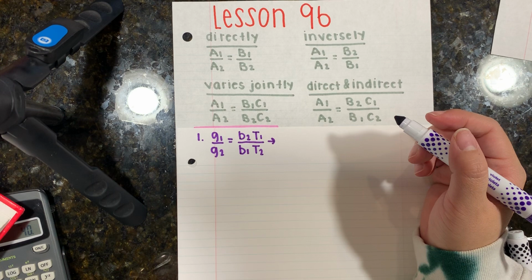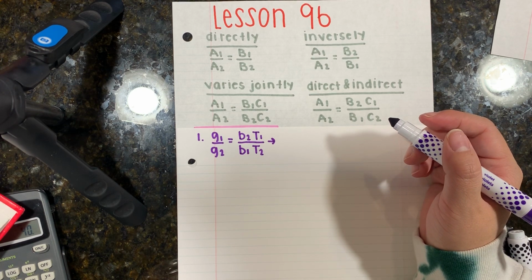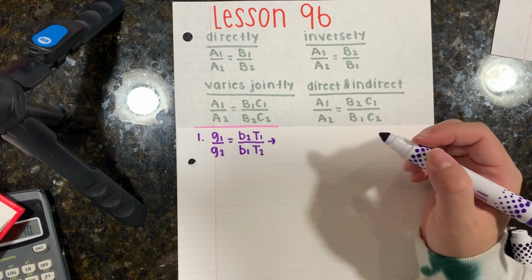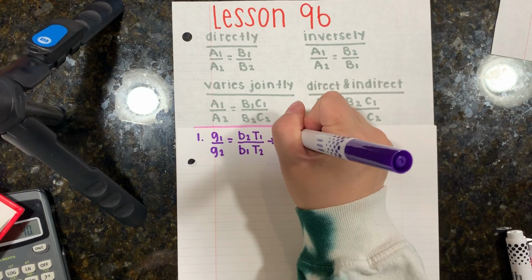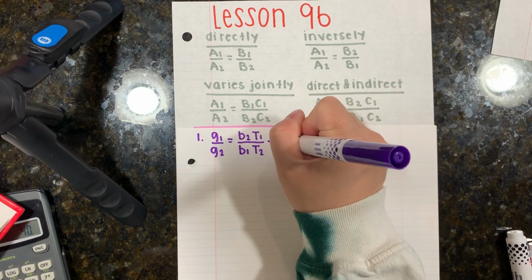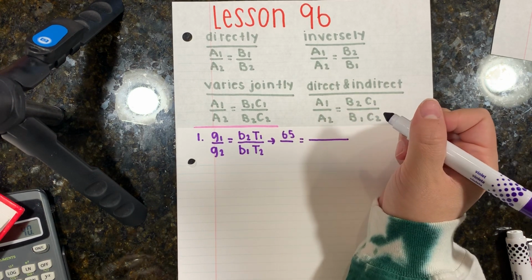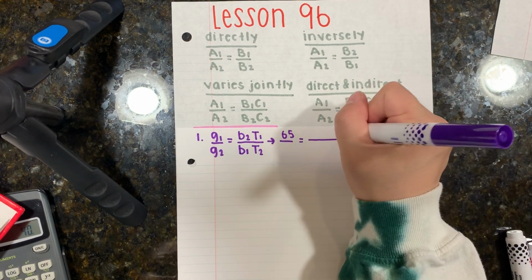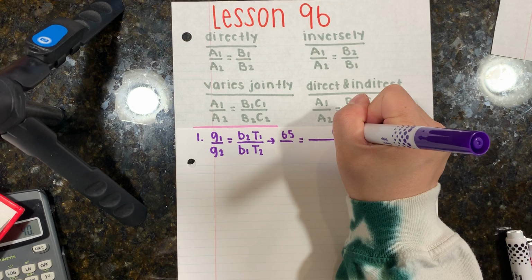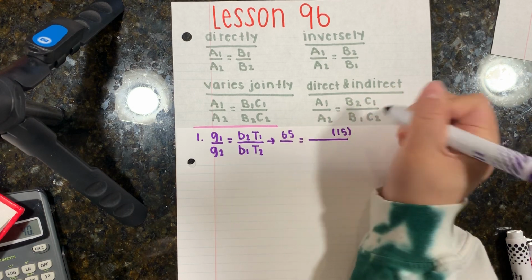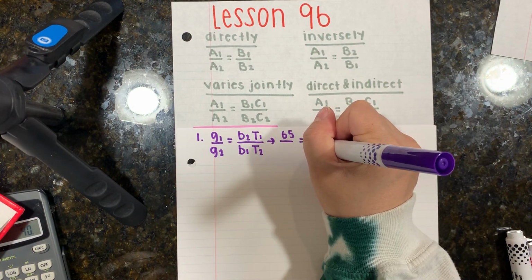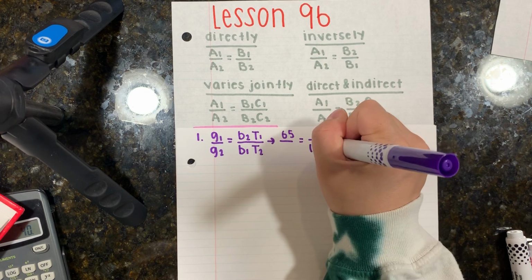They said there are 65 girls, 15 teachers, and 3 boys, and that's all going to be our ones. So 65 girls would be our G1, 15 teachers would be our T1, and our 3 boys would be our B1.